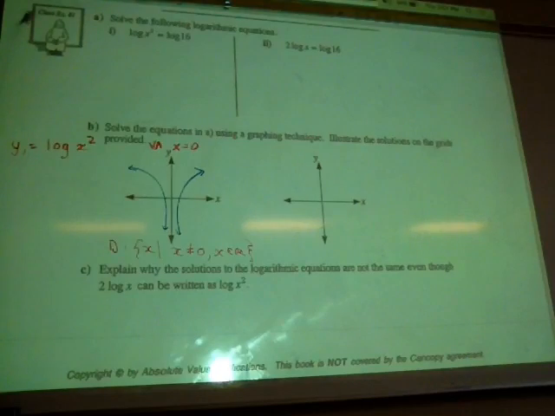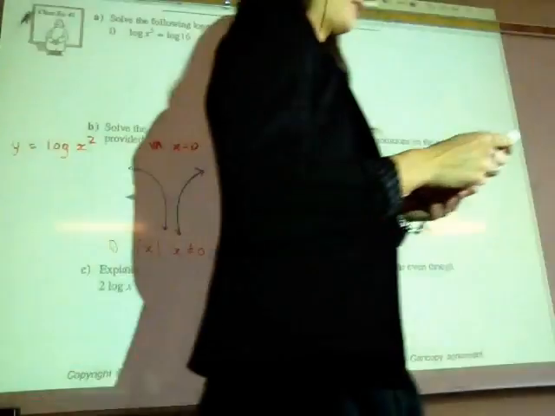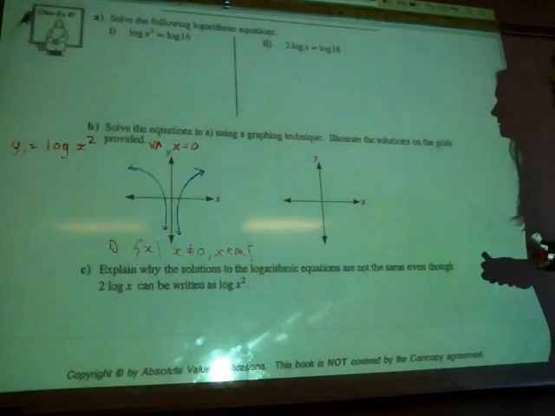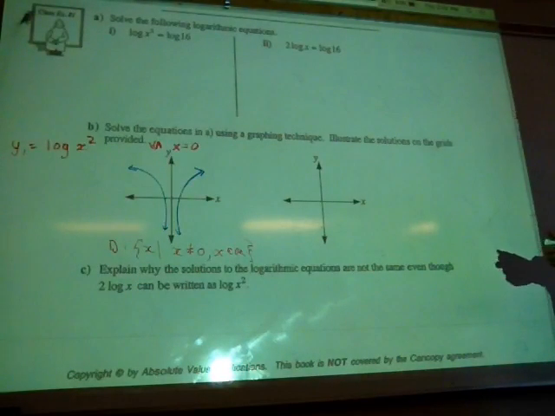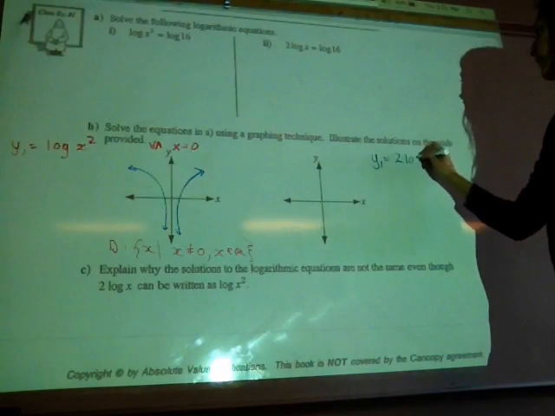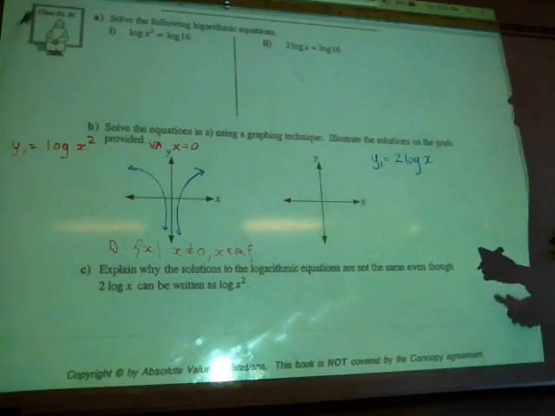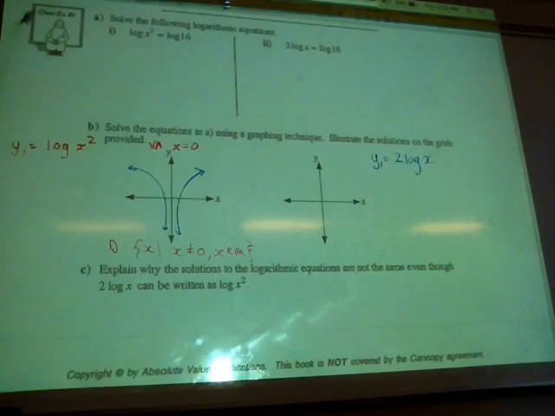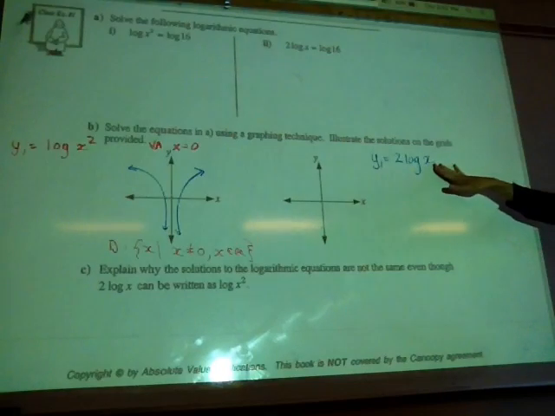Okay, how are we doing with that? We'll come back to this graph in a little bit. Alright, the next one, we're going to put in our y1 is equal to 2 log x. Do you guys remember what I just said about negative logarithms? Can I put in a negative value for a logarithm?